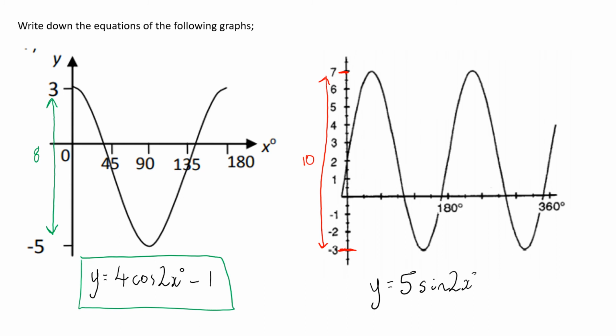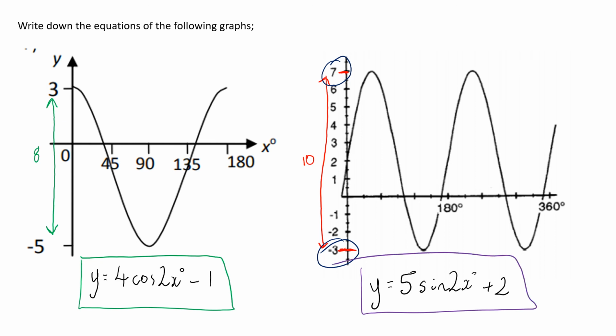Because if it was 5 sine 2x, it would go up to 5 and down to minus 5. But we've gone up to 7 and down to minus 3. So do you notice that we've actually had to shift up 2 places? Yeah, to get from 5 to 7, we've had to move up 2. So therefore, this is the graph of y equals 5 sine 2x plus 2.